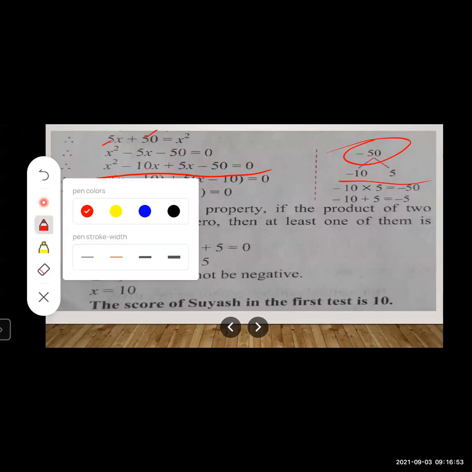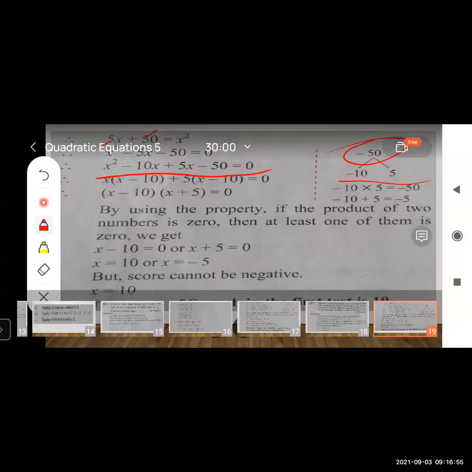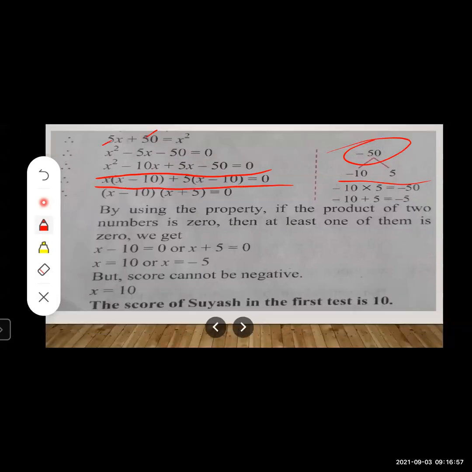Now, what will be our next step? I'm taking x out as a common factor. When I take x as common, what is the remaining part? x minus 10. What is common in the next part? 5. 5 tens are 50. I'm taking out 5 as common. So what am I getting? 5 into x minus 10. 10 5s are 50.